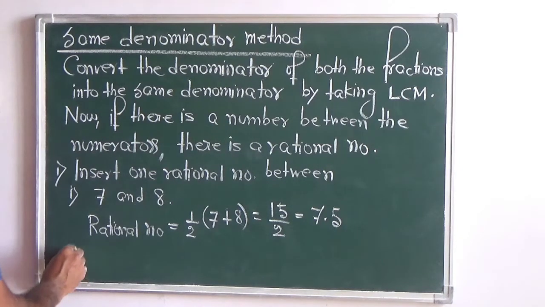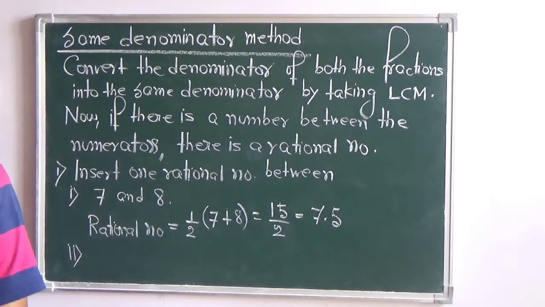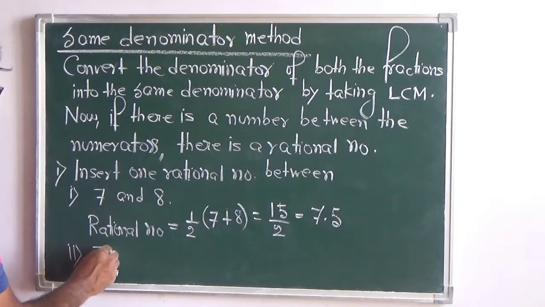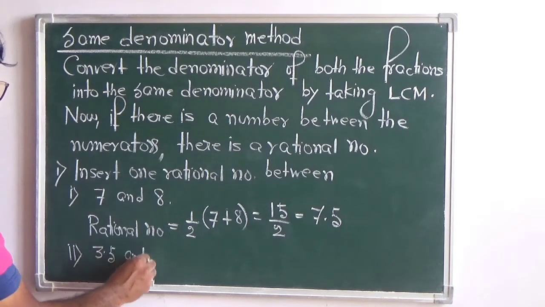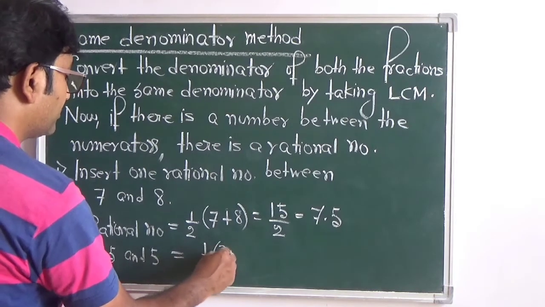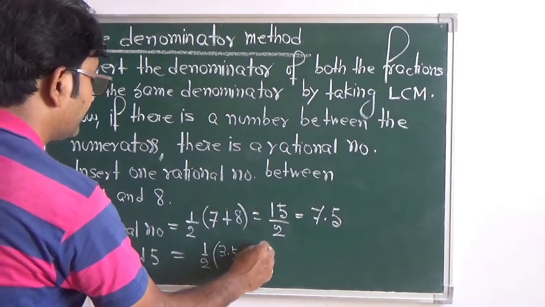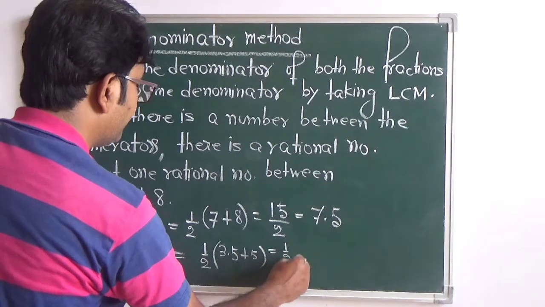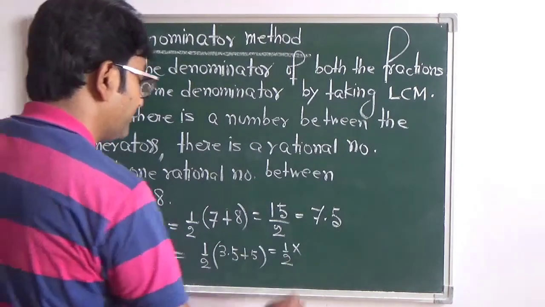Second, we can take between 3.5 and 5. How to find? That will be half of 3.5 plus 5. So this is half into how much? 8.5.